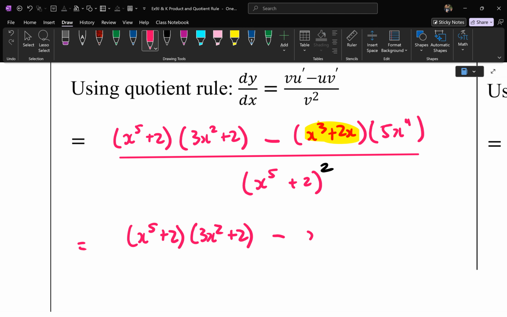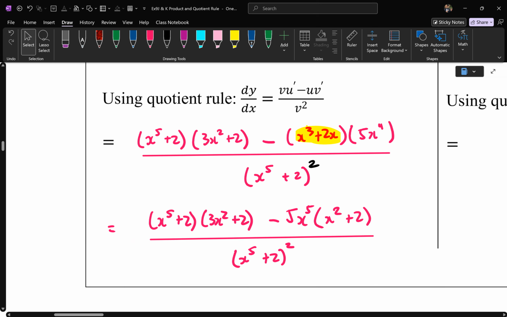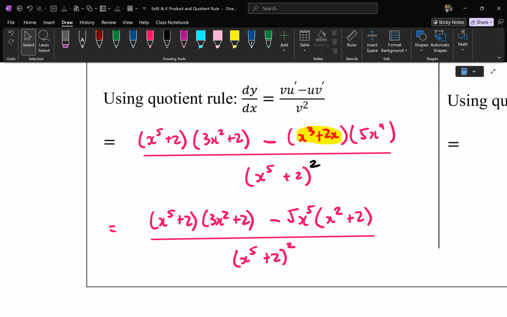I probably would have just done it like this. That's probably how I would have done it. So by taking out the x, x times 5x to the power 4 becomes 5x to the power 5. That's the only thing I would have done.